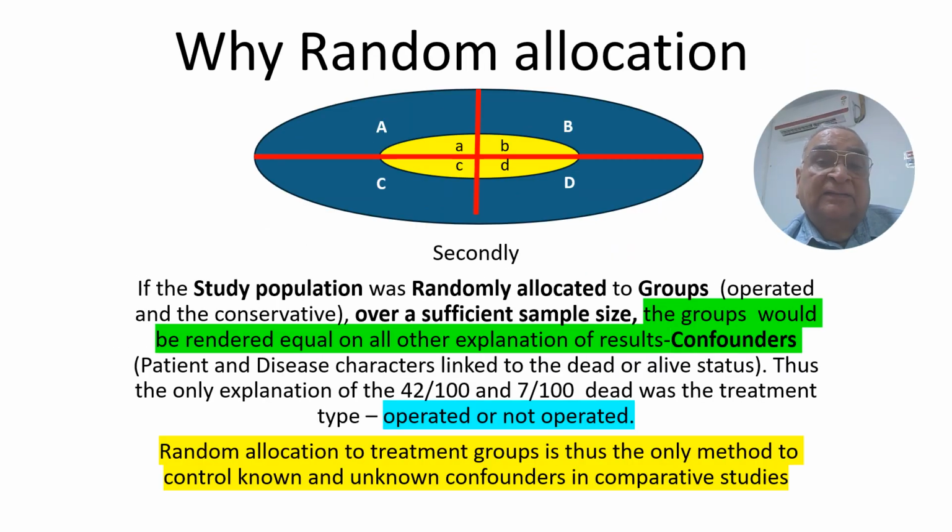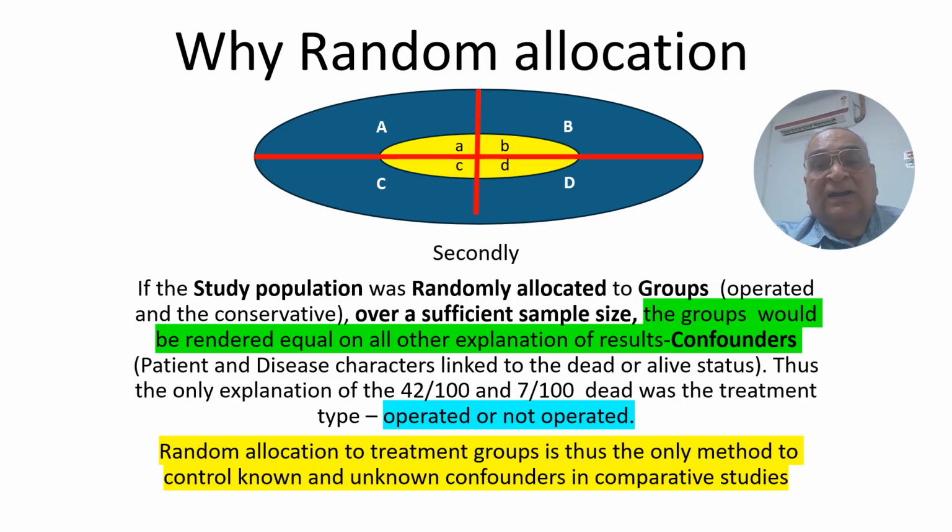Now, since in this study comparing the operative and the conservative treatments of stroke patients, we randomly allocated to the operative or the conservative group, this random allocation, if done over a sufficient sample size, would render the groups equal on all other explanations of the results.